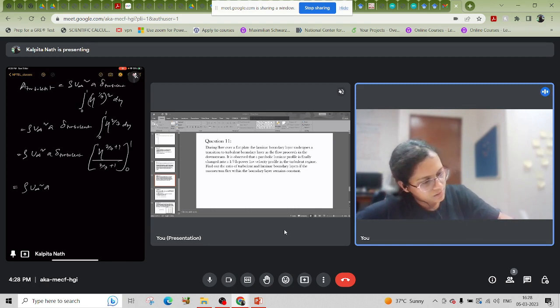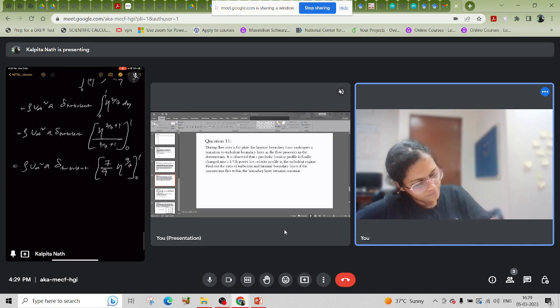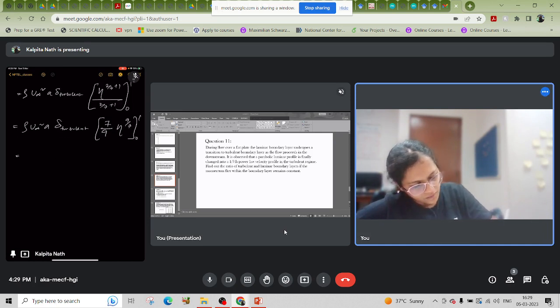That gives A delta turbulent times 7 by 9 eta to the power 9 by 7, from 0 to 1, which is 7 by 9 rho u infinity square A delta turbulent.